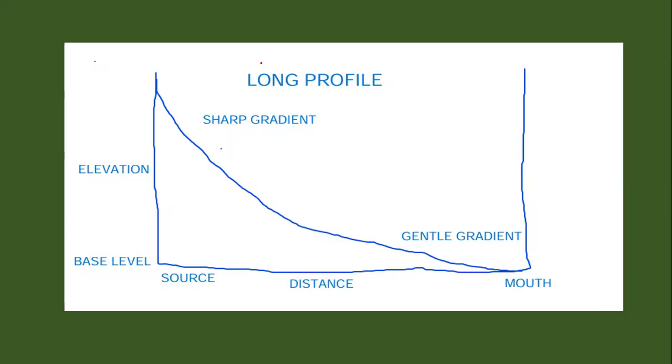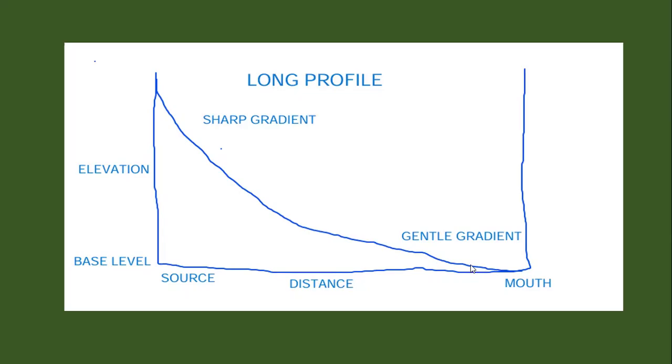A river flows from a higher gradient towards the lower gradient, reaching its mouth. Thus, a river forms a concave profile or a curve.